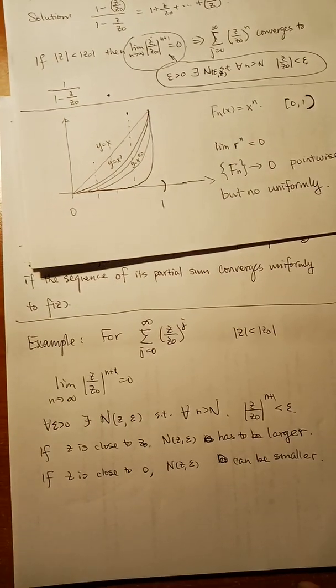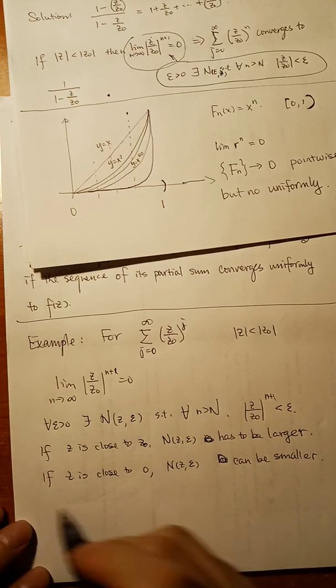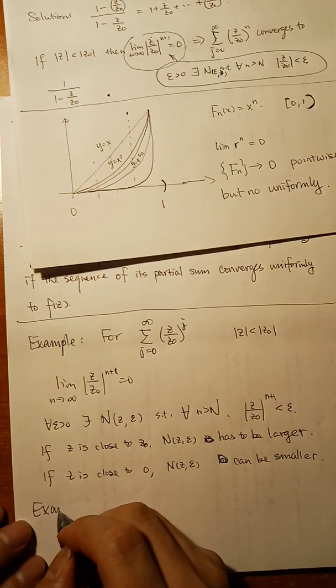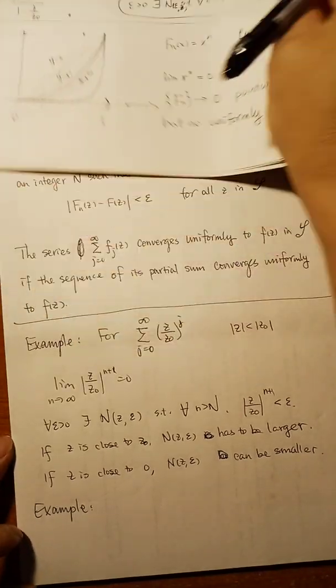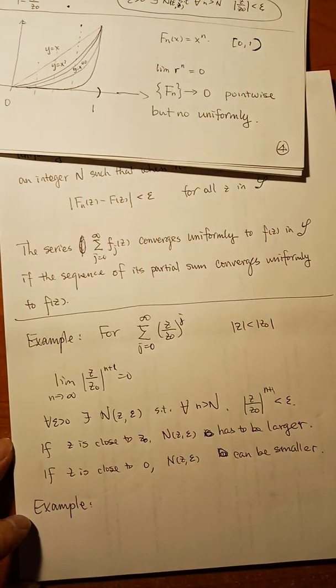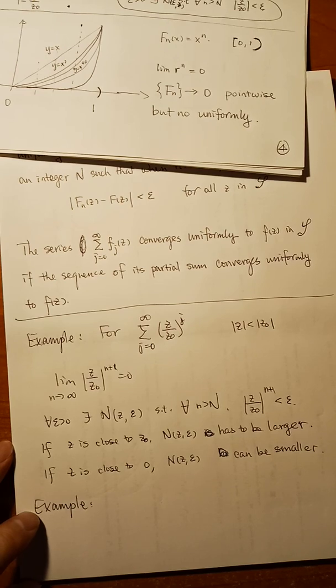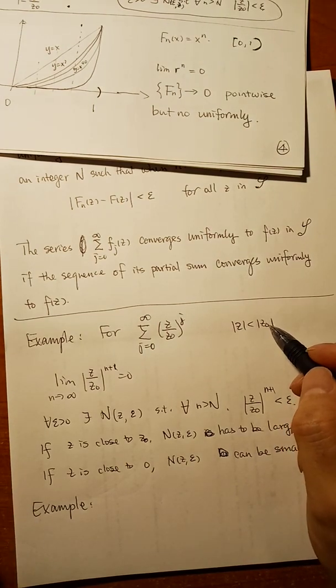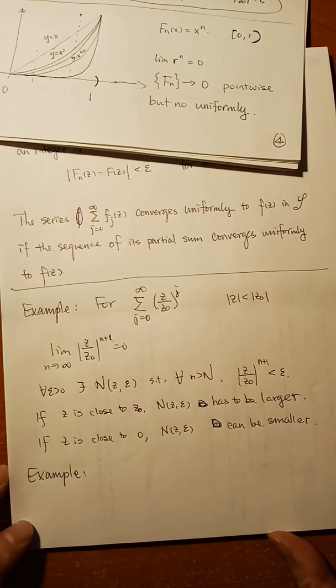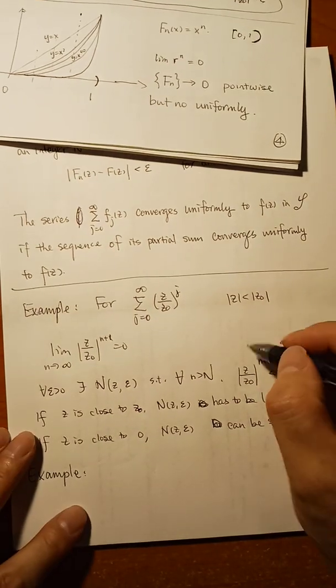In the example right after the definition of uniform convergence, we modify it a little bit. We know that once the absolute value of z is less than the absolute value of z0, it always converges. That is point-wise.